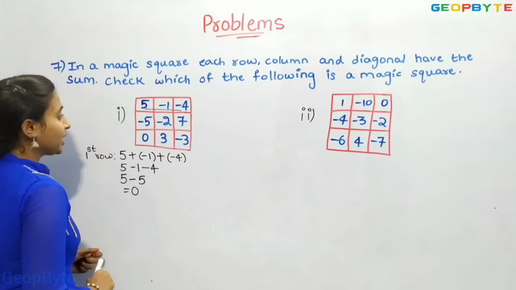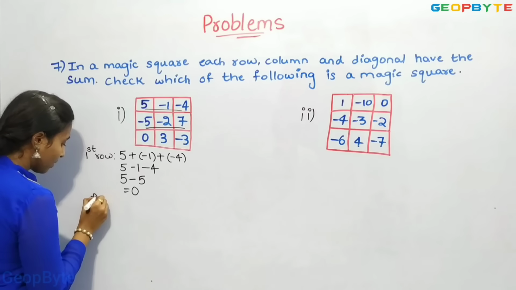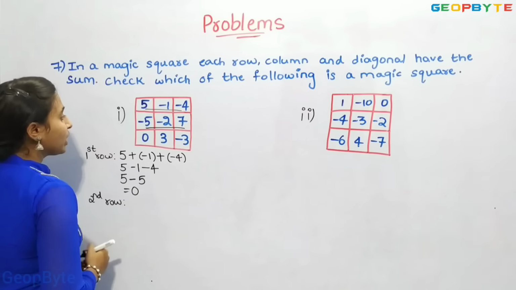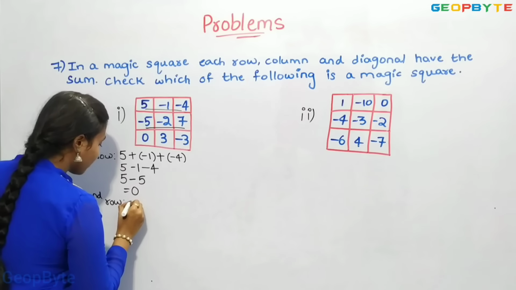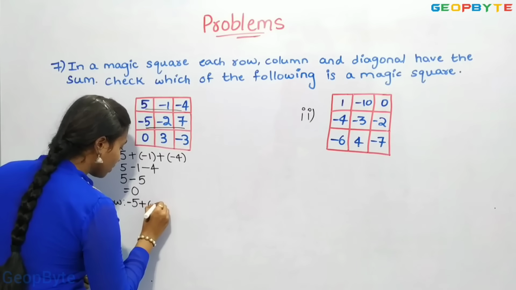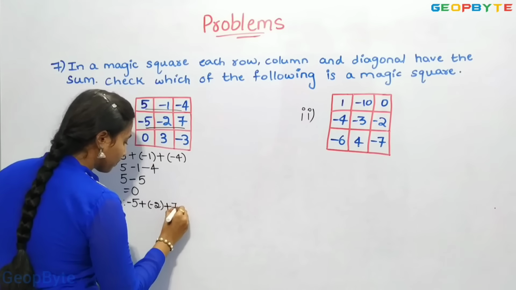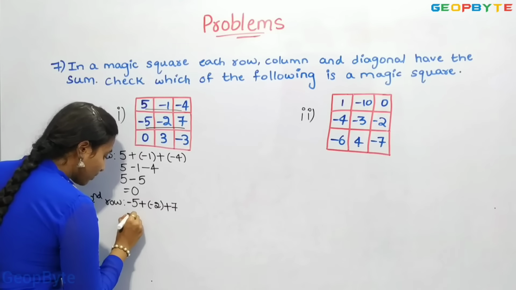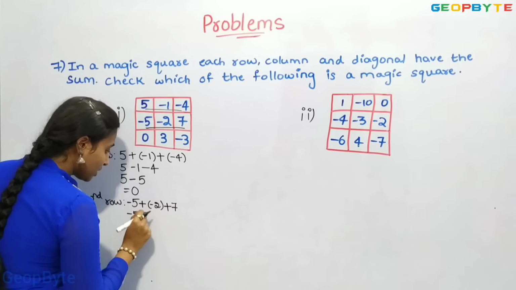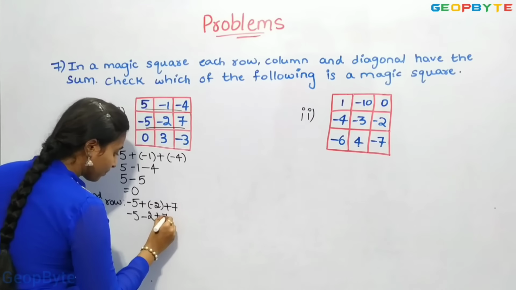We got the sum of first row numbers as 0. Now let us see the sum of second row numbers. In second row we have minus 5 plus minus 2 plus 7. Minus 5 plus into minus, minus 2 plus 7.